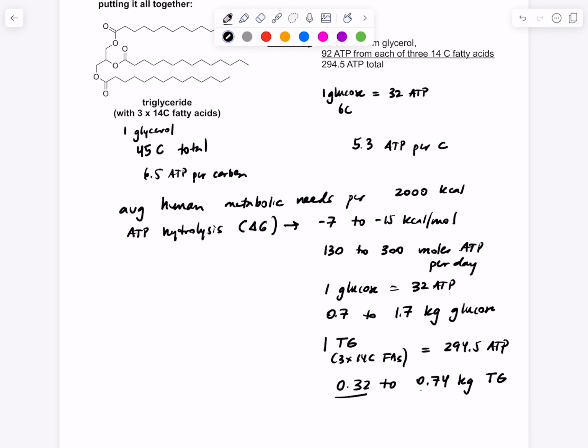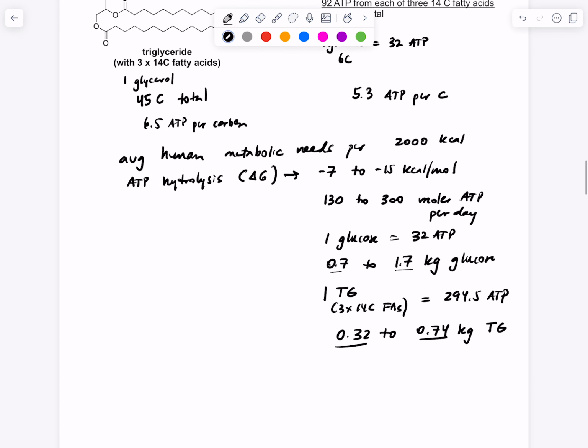So you can divide these numbers by these numbers and say that per gram, the triglyceride yields about 2.3 times as much ATP as glucose. So that's efficient energy storage. This is why you don't want to be packing sugar around when you can pack triglycerides.